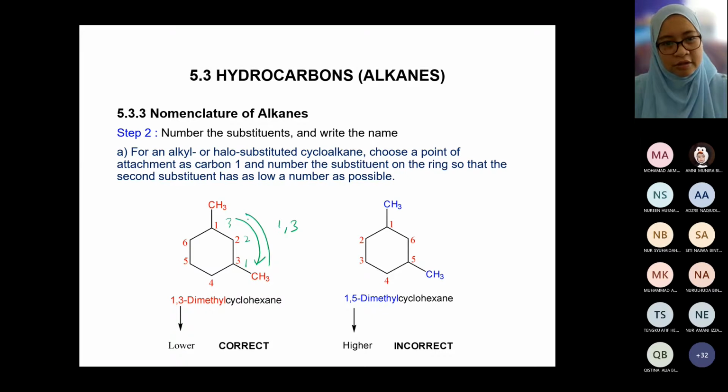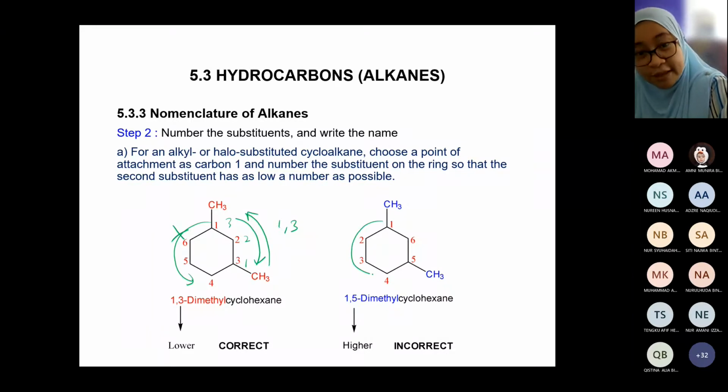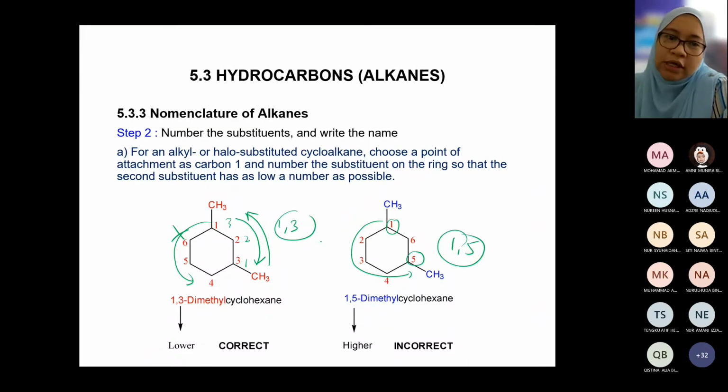Ataupun bukan ke sini, bukan ke bawah sini. Bukan ke sini. Salah, bukan. Kena try and error. Okay. This one kalau you start from here going down, you akan dapat 1 dengan 5. So 1, 3 and 1, 5, which one would we consider? Of course lah, the lowest number possible. 1, 3. Okay. Right.